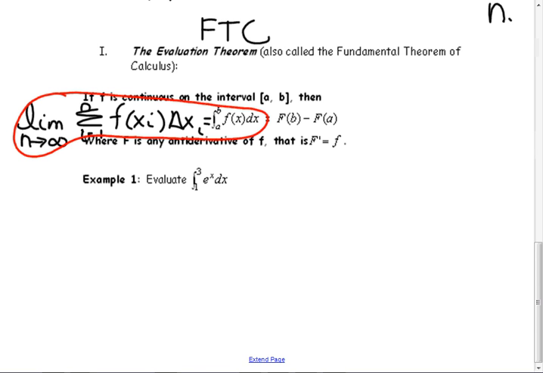And they kept adding up these rectangles, and they noticed a pattern that the area under the curve between a and b is actually equal to the antiderivative of your function evaluated at b minus the antiderivative of the function evaluated at a. Now, why would an area be equal to an antiderivative?